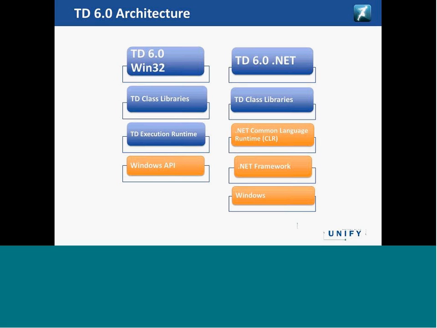We have Team Developer 6.NET and we have the Team Developer class library. But then we need a .NET Common Language Runtime, or CLR, which represents our business framework. In this framework, we have all these nice features like the style message box and so on, that we know from your source code.